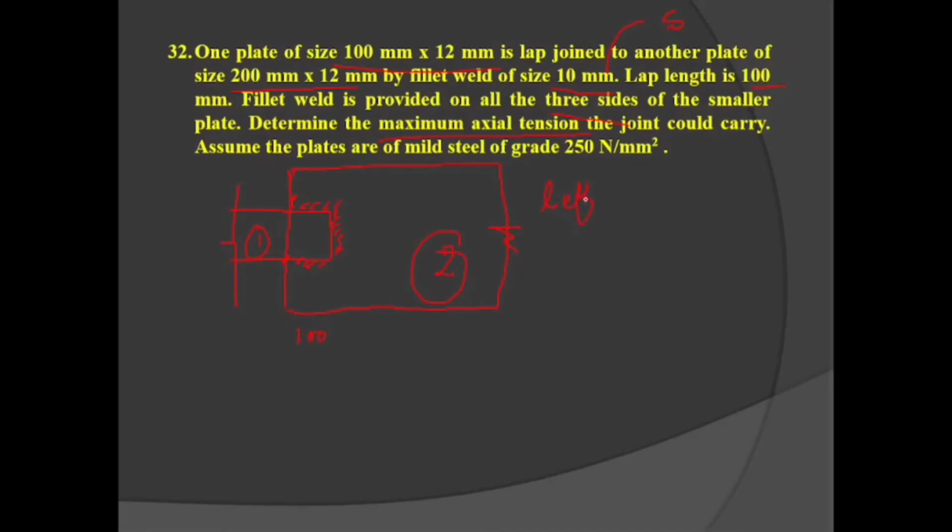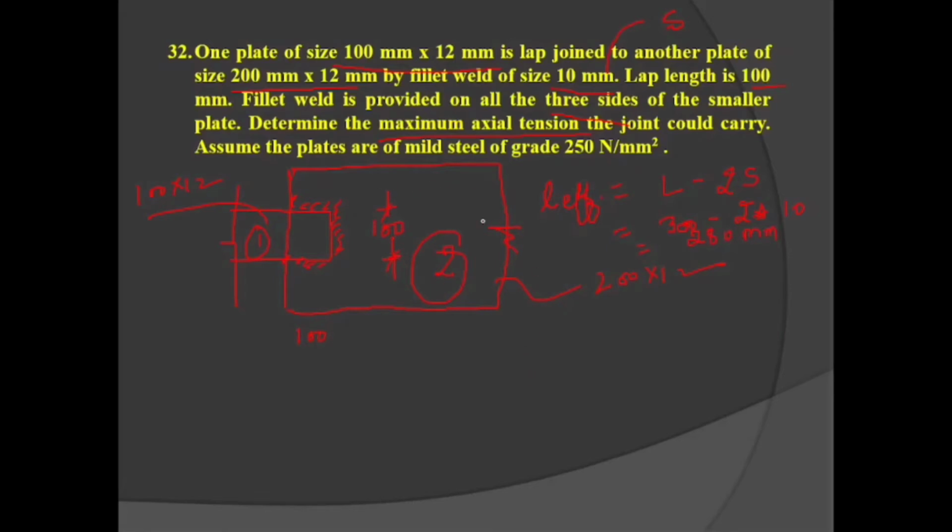L effective is equal to 100 plus 100 plus 100, that is 300, since plate number 1 is of size 100 by 12 and plate number 2 is of size 200 by 12. So L effective is L minus 2S, that is 300 minus 2 times the weld size of 10 mm, equal to 280 mm.